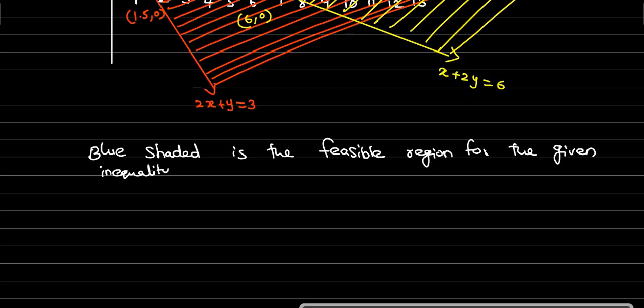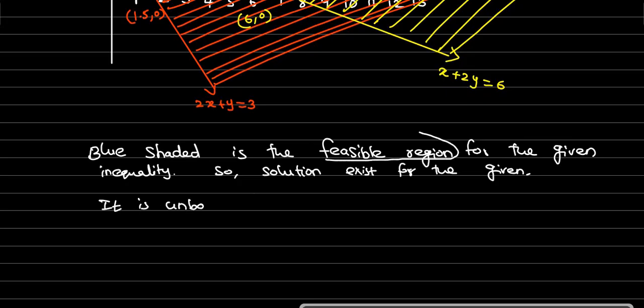So a solution exists for the given z. Now the corner points, and it is unbounded. So do mention the feasible region and unbounded terms.